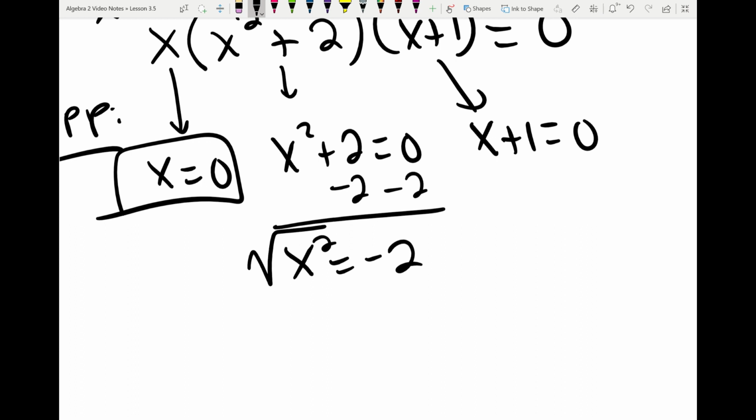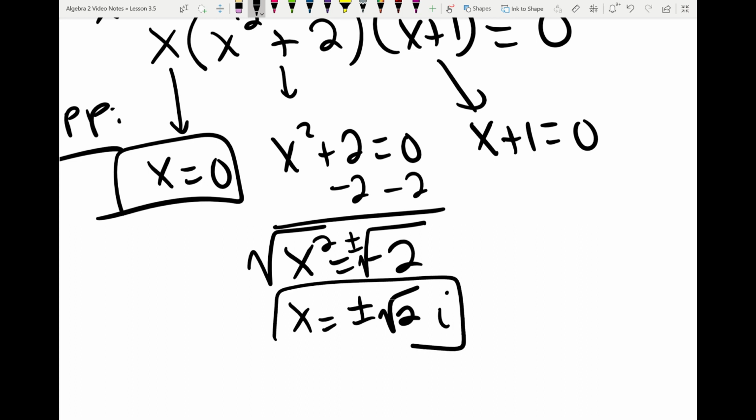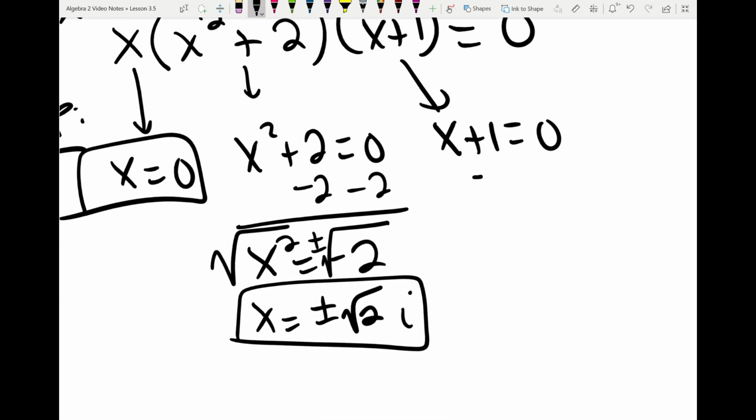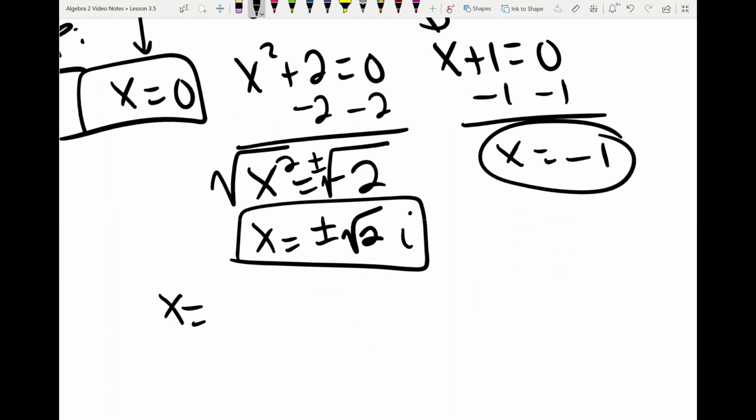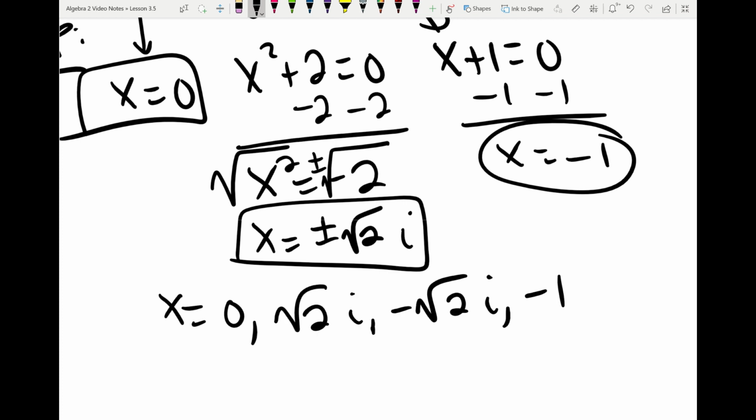Then we do the square root, remembering to do the plus or minus square root. So this is going to be plus or minus square root of 2. Since we took a square root of a negative number, it's going to be an i. And then for this one, subtract 1 on both sides, so x equals negative 1. So we got 4 answers here, right? We got x equals 0, square root of 2i, negative square root of 2i, and negative 1.